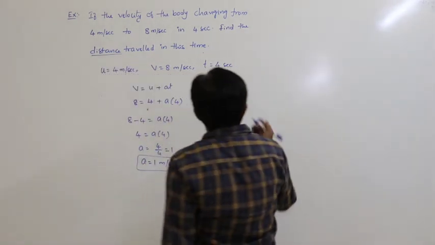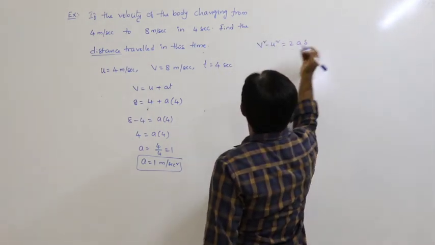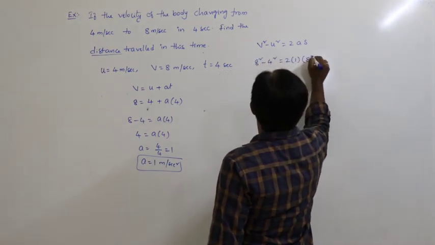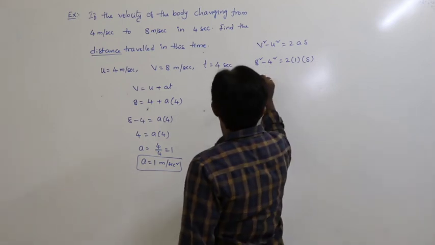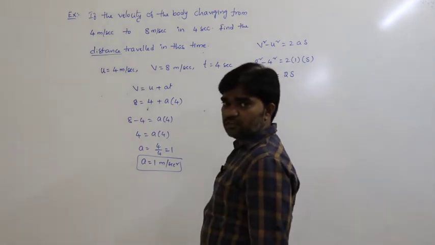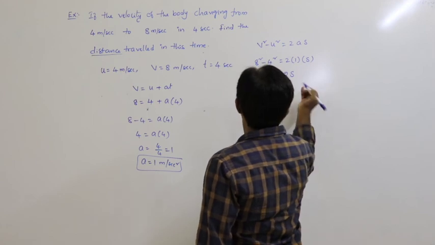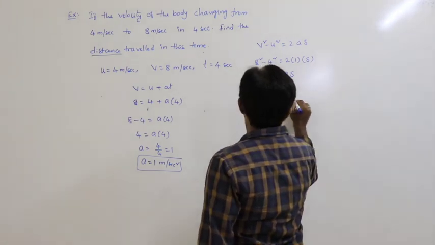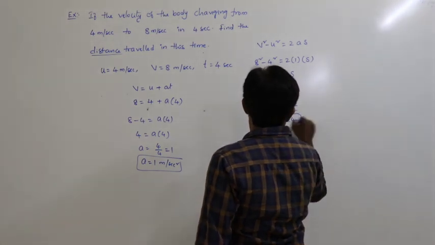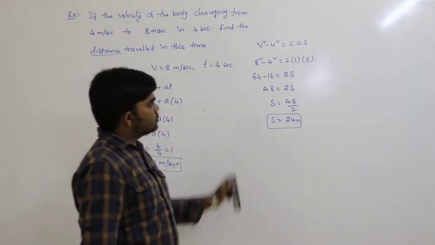Next, we can use the equation v square minus u square equals 2as. 8 square minus 4 square equals 2 into a, and a is 1. So 64 minus 16 equals 2s. 64 minus 16 is 48. s equals 48 by 2. So s equals 24 meters.